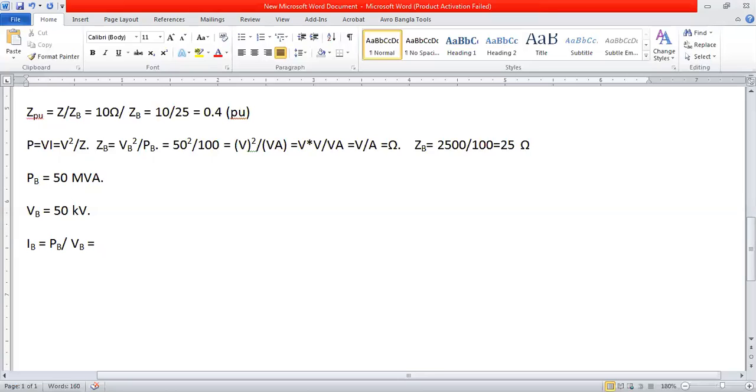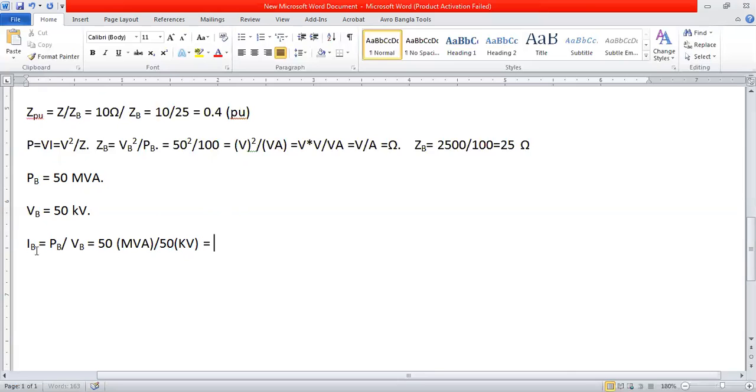Now the base value of power is 50 megavolt ampere, divided by 50 kilovolt. So this is the unit actually.